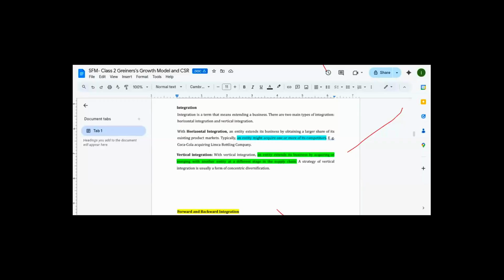Okay. The reason why Coca-Cola invested heavily in Limca Bottling Company and later acquired the company is because of Teem, which is a competing product produced by their major rival, 7-Up Bottling Company.